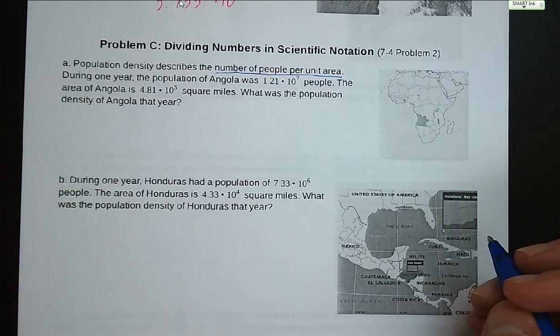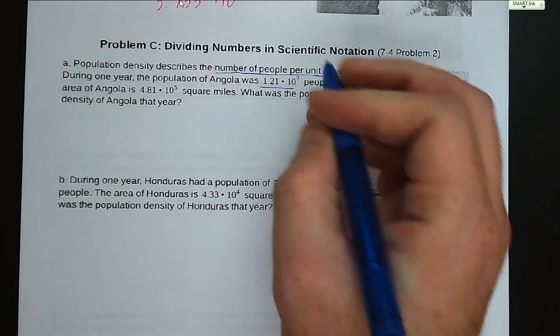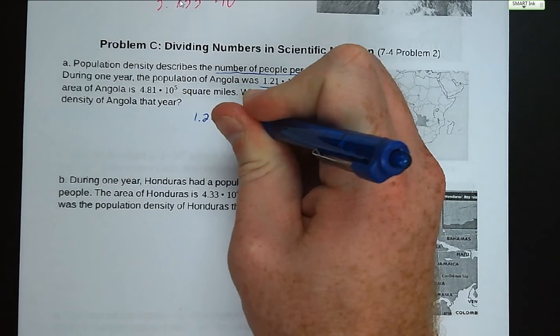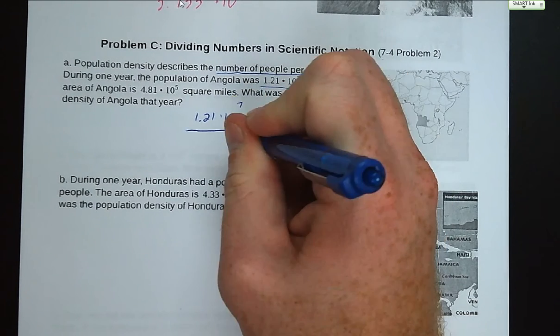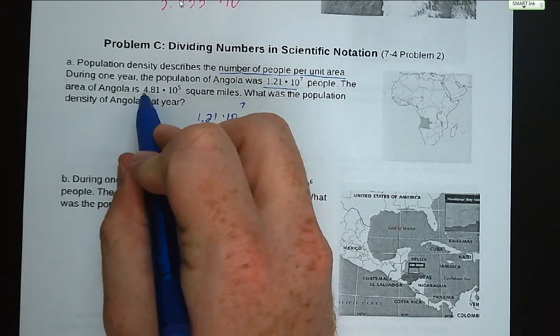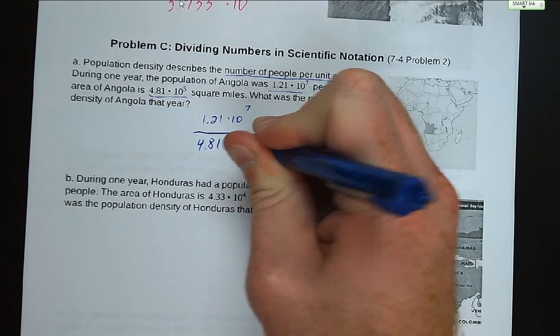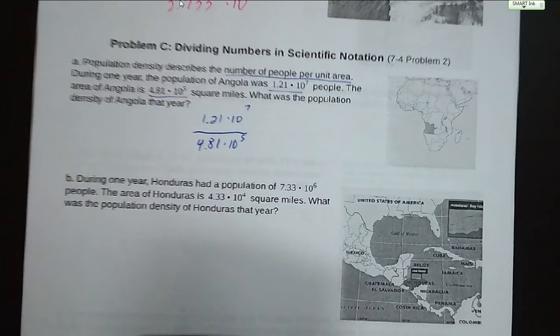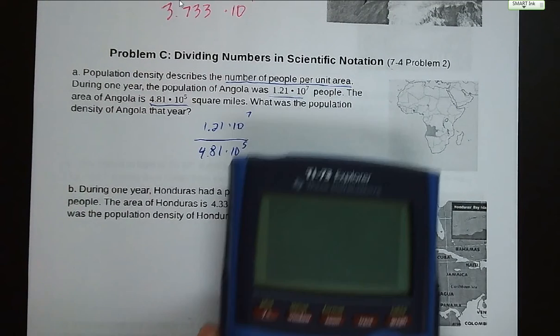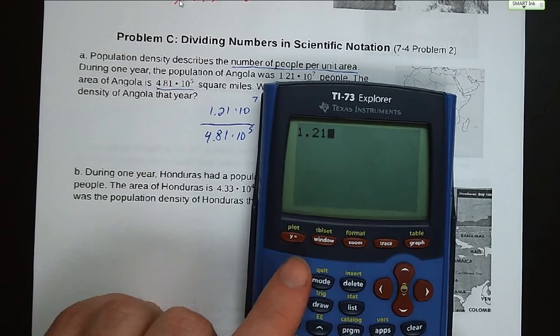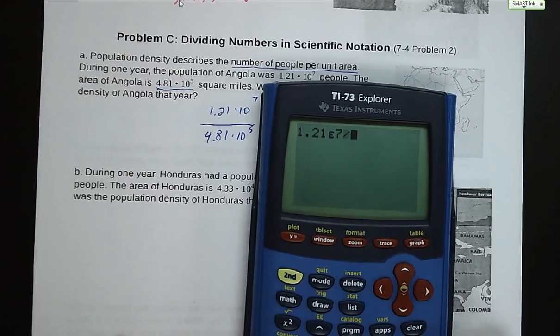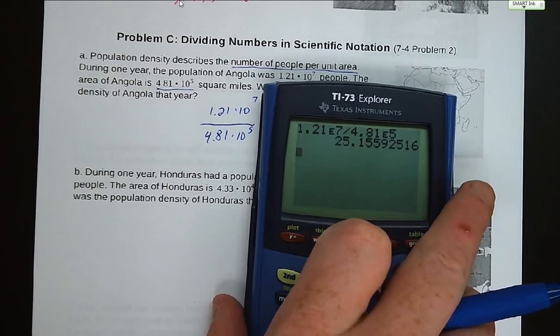So number of people, so the population was 1.21 times 10 to the 7th over the area, 4.81 times 10 to the 5th, and we can calculate that. 1.21 times 10 to the 7th divided by 4.81 times 10 to the 5th, and that's going to give us 25.16.